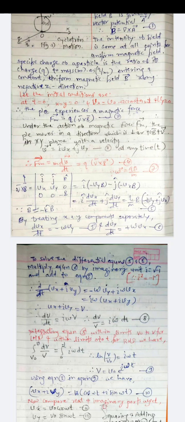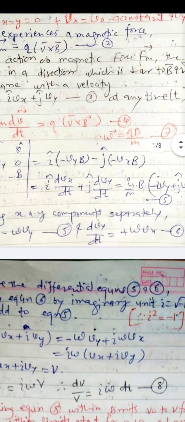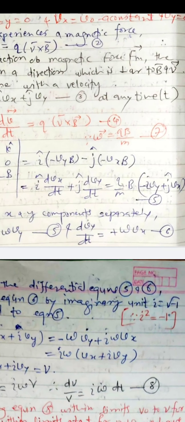It is expressed here as i cap into minus VyB minus j cap into minus VxB equal to i cap dVx by dt plus j cap dVy by dt equal to qB upon m times minus i Vy plus j Vx. It is equation number 5.